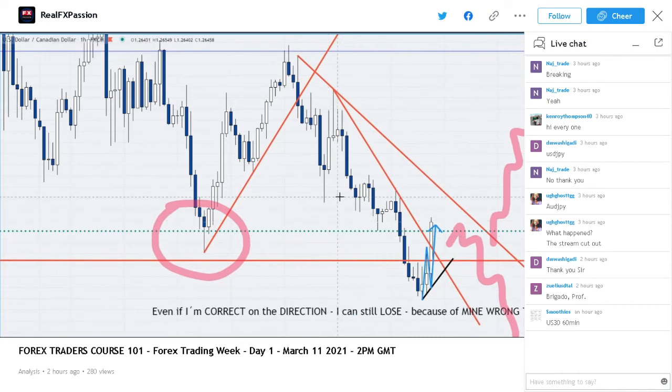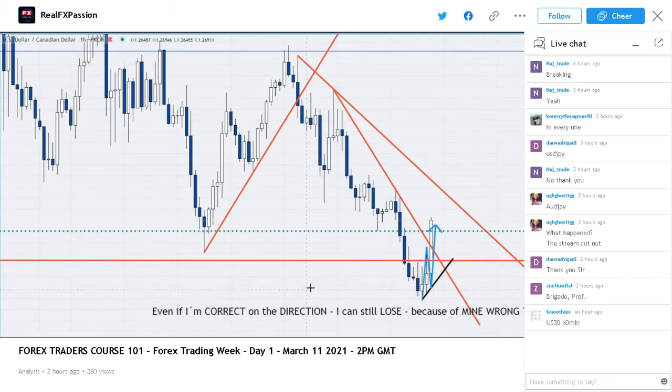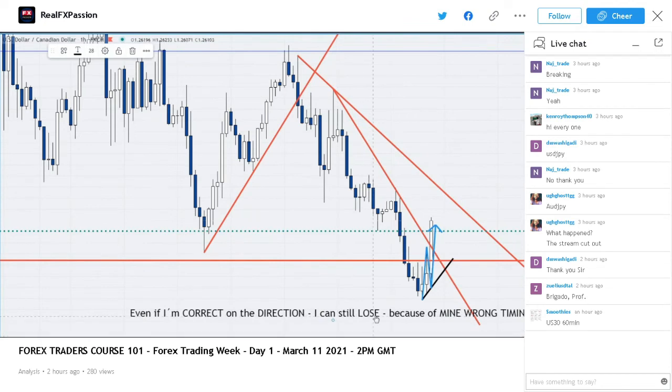And if you enter the market in the same way, 1, 2, 3, 4, 5 times, then we have a challenge. And what is the challenge, everybody? We are all the same, me too, we are building bad trading habits.